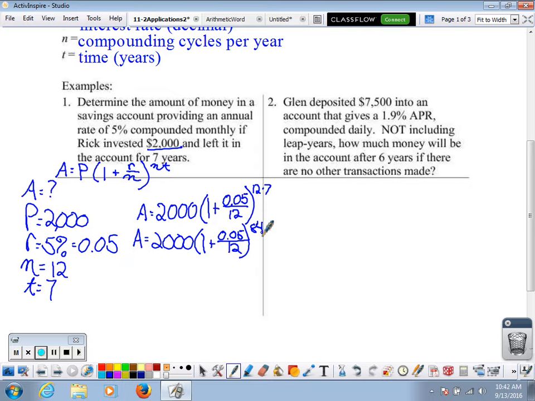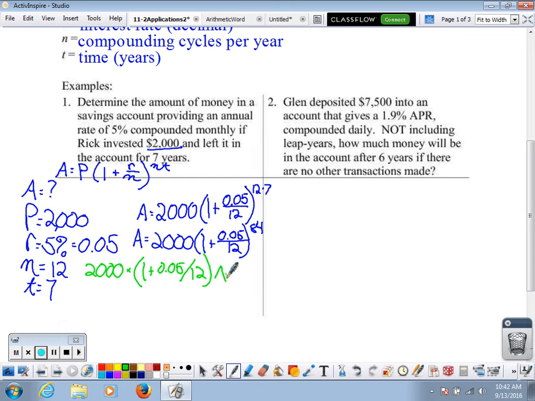Now when we type this in the calculator, guys, it's really important that we're hitting the keystrokes in exactly the order that we need them in. So I'm going to show you exactly what to type in here. 2,000 times, open the parentheses, 1 plus 0.05 divided by 12.